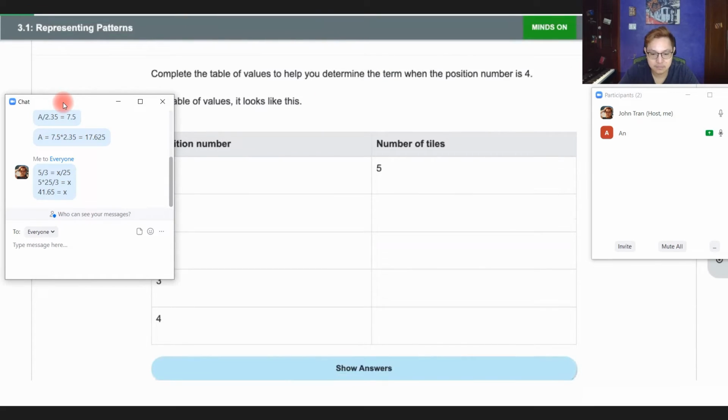So this is show. Complete the table of values to help you determine the term when the precision number is 4 in the table of values. It looks like this.